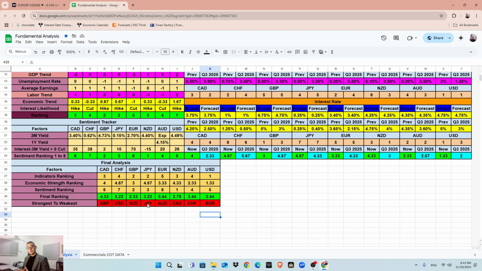all the central banks are in a cutting cycle except the Bank of Japan. The Bank of Japan is looking to hike interest rate coming into 2025. So I would like to take some short positions against the Japanese yen, and the weakest currencies I have right now are the euro and the Swiss franc.